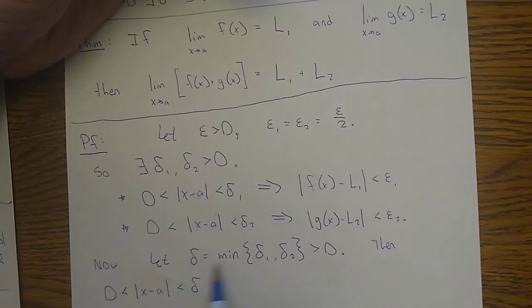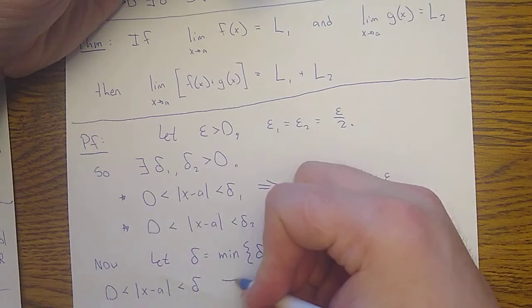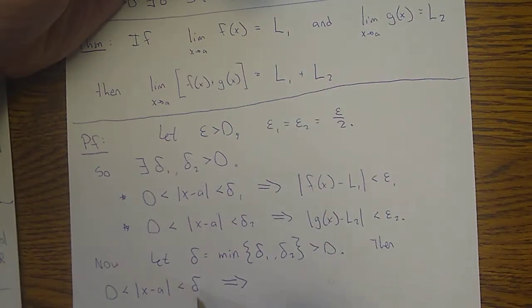It's because if I let this be the min, and now I say that the absolute value of x minus a is between 0 and delta, this number is less than or equal to either of these because it's the smaller one.